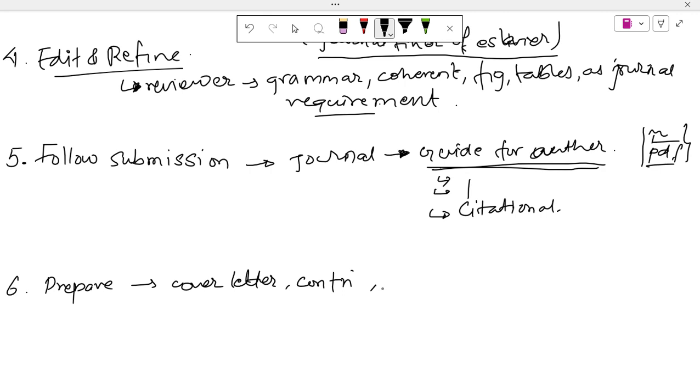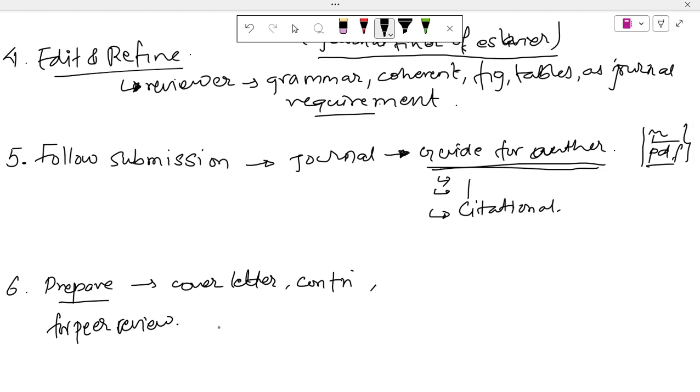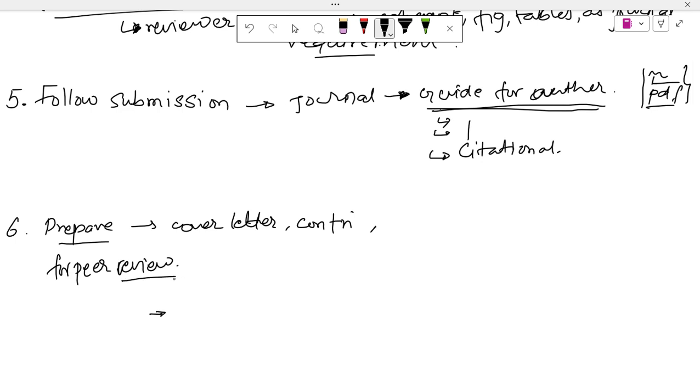Once submitted, your paper will go to peer review, and be prepared for the feedback and possible revisions. So after you submit this, it will go for peer review, you will get the revision, and you will thoughtfully use all your knowledge base and revise your research paper according to the comments of the peer reviewers.